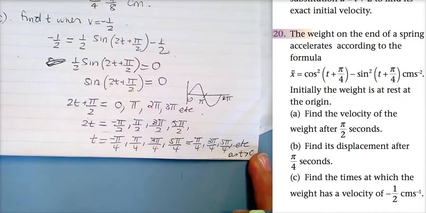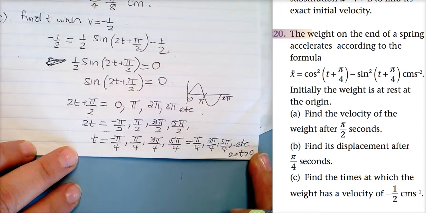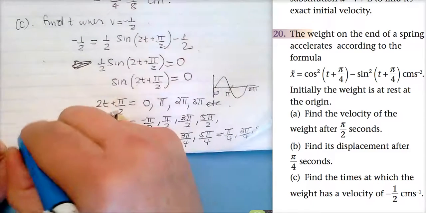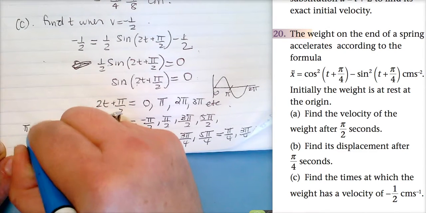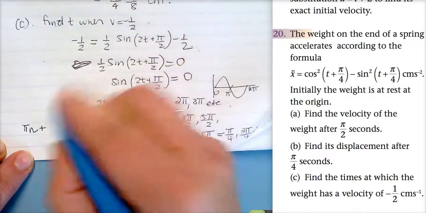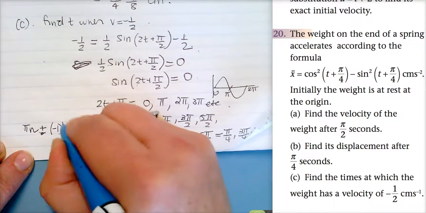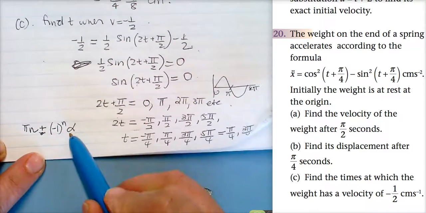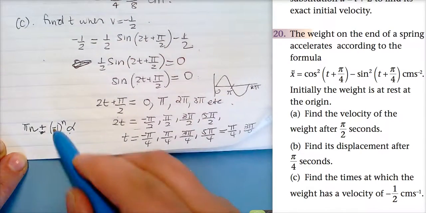General solution would be what? Wouldn't it just be pi n plus pi on 4? As a general solution, it's the one for sine, isn't it, pi n plus the negative one to the n times alpha, but the alpha is 0, because sine 0 is 0, so that's all gone.